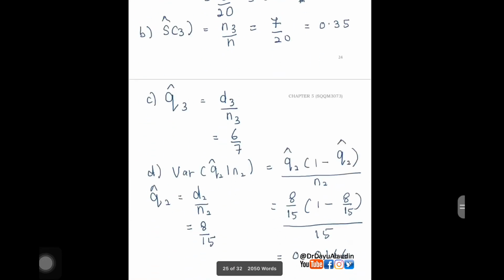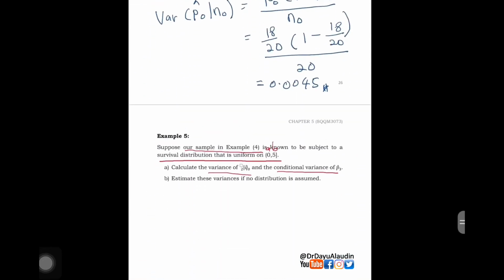So for example 5, we assume that it follows uniform distribution with the parameters 0 and 5. Okay.